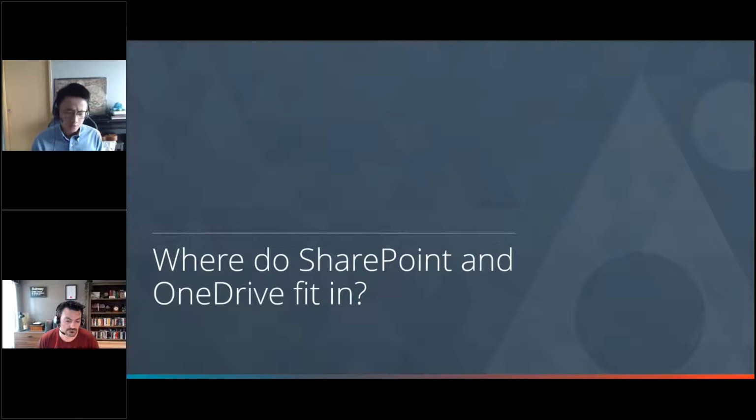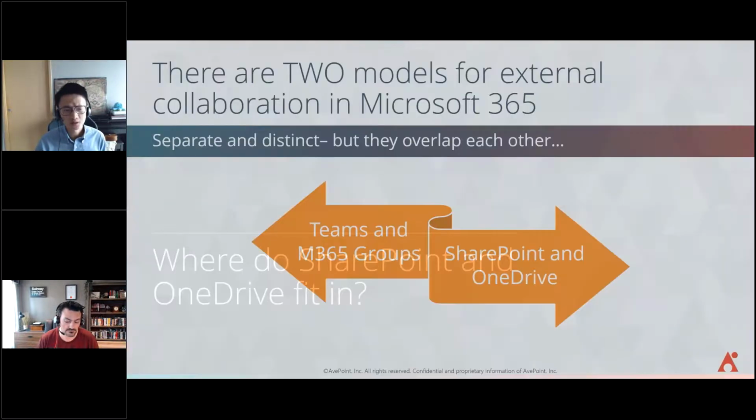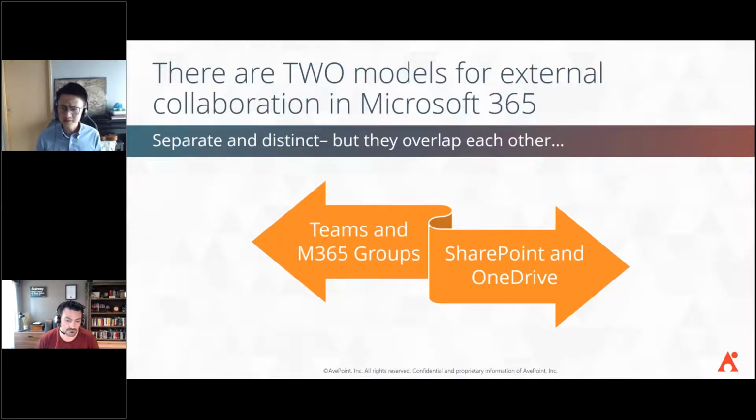You may wonder why we're making this distinction. It sounds like two different parts. And as we put in the slide, they are two different models. Teams and groups leverage Azure AD B2B, as we walked through just now.